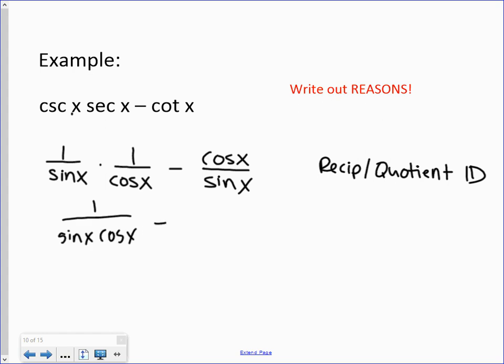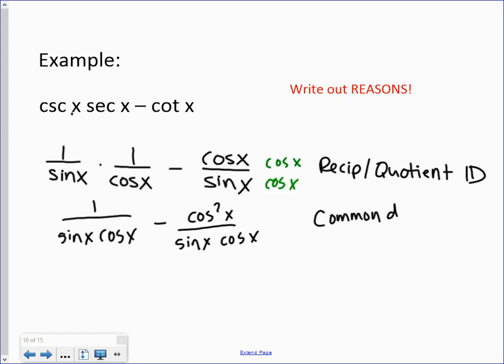In order for me to be able to subtract, this fraction needs a cosine x in the denominator. So I'm going to multiply by cosine x. So that's going to give me cosine squared x over sine x cosine x. And so maybe I'll just say common denominators for my work there.